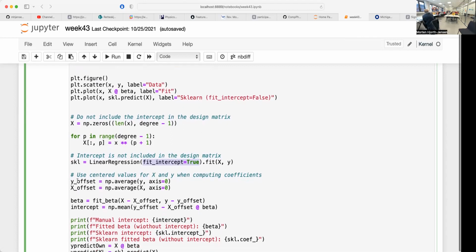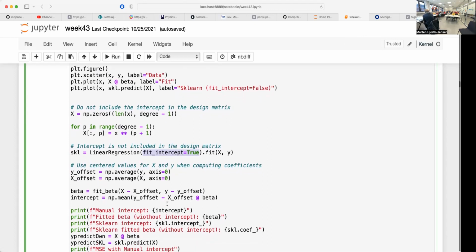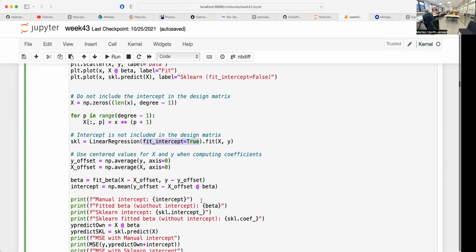So what I've done now is I'm calculating the fitted data, as you can see here. I'm sending in x minus the mean values of each column and y minus the mean value of y. So this is scaled data, where I'm subtracting the mean value for each column in the design matrix, and subtracting the mean value from the output. And then I have this formula where I can calculate the intercept, which is the mean value of this y offset minus the mean value of this x offset times the parameter beta.